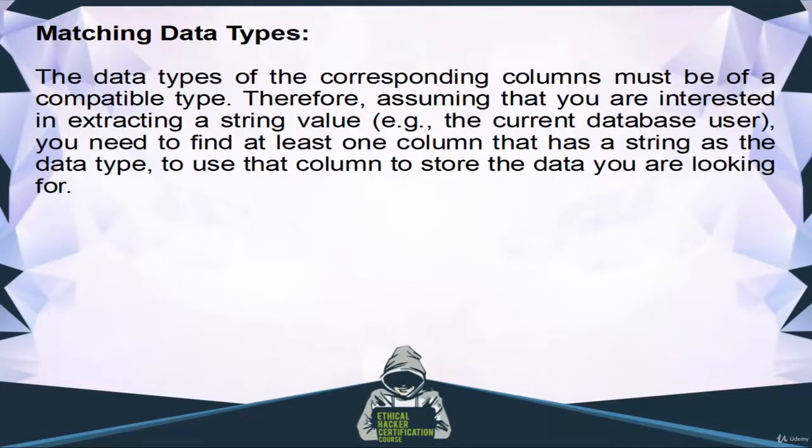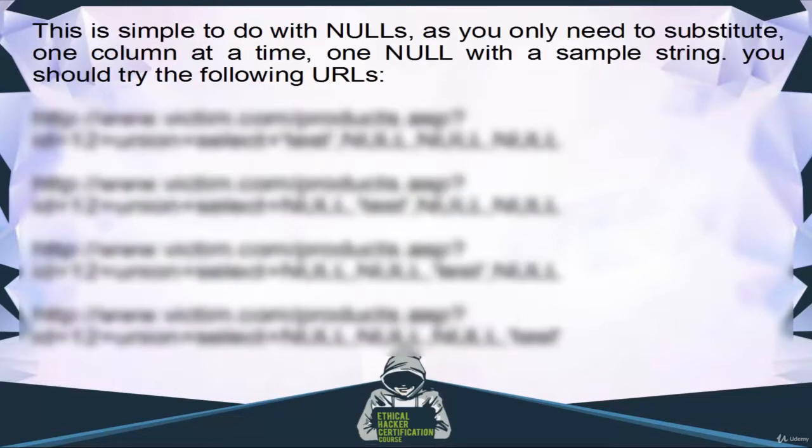Matching data types. The data types of corresponding columns must be of a compatible type. Therefore, assuming that you are interested in extracting a string value, you need to find at least one column that has a string as a data type, to use that column to store the data you are looking for. This is simple to do with nulls, as you only need to substitute one column at a time with a simple string.